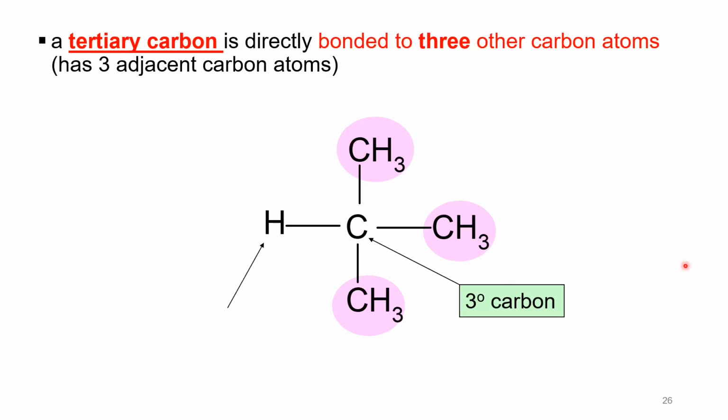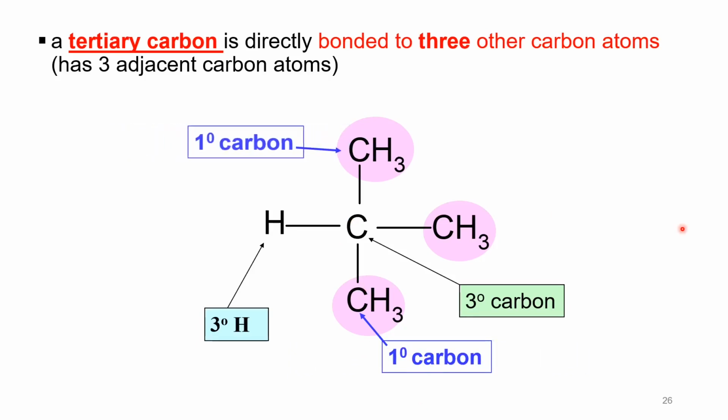And this hydrogen atom is tertiary hydrogen because it is bonded to a tertiary carbon. And these 3 are primary carbons because each is attached to 1 carbon atom.